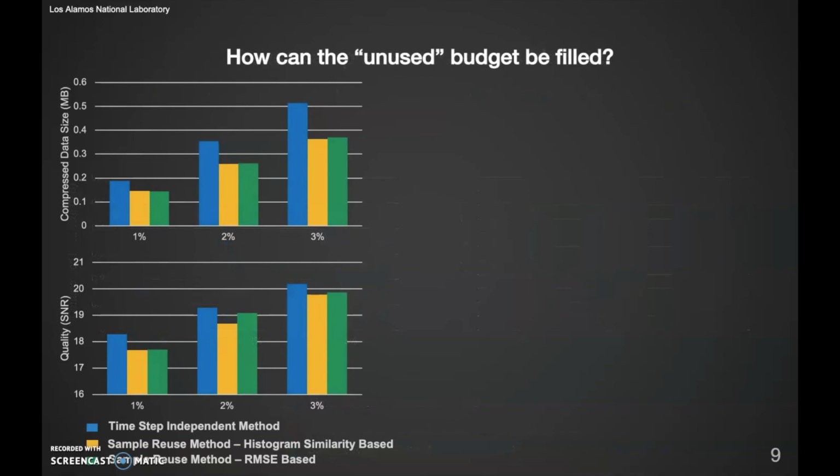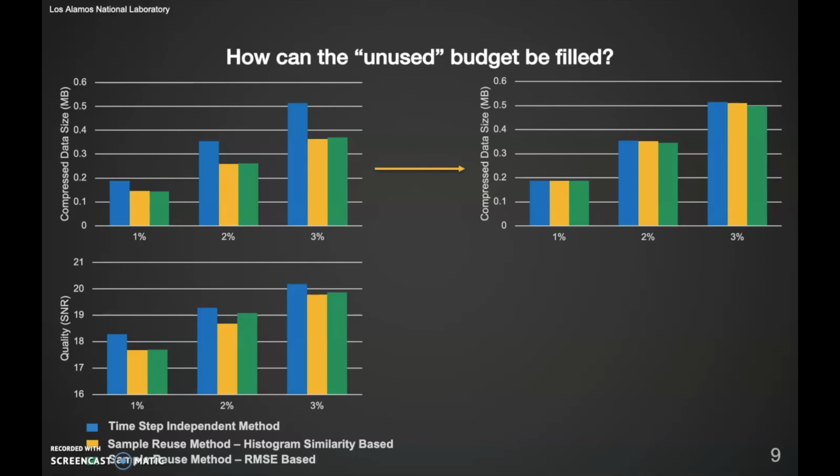So we started with two reuse methods that didn't achieve as high of a post-reconstruction quality as the original method, but they use less space. To fill up the space that the users allocated, we choose to add a layer of random sampling on top of the samples gathered thus far. Now each method generates enough new samples such that the same amount of storage is used.